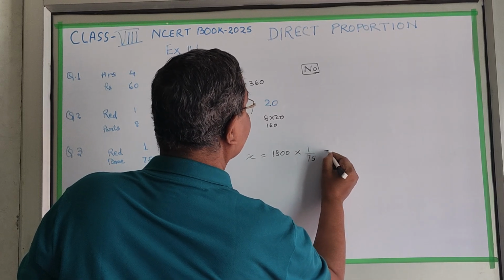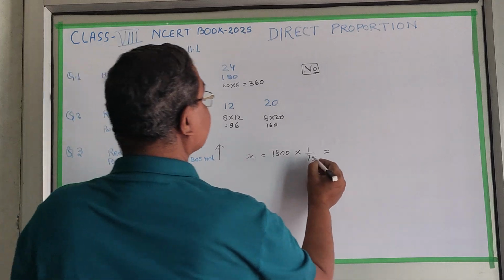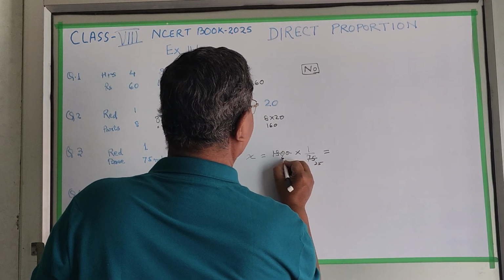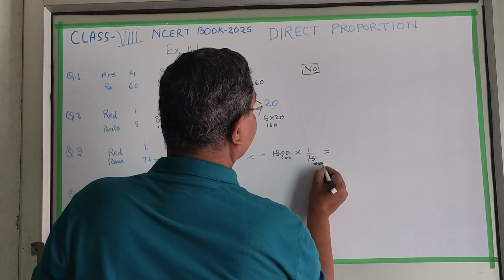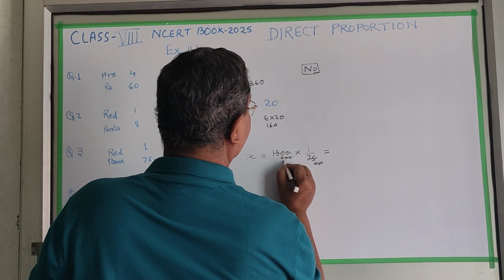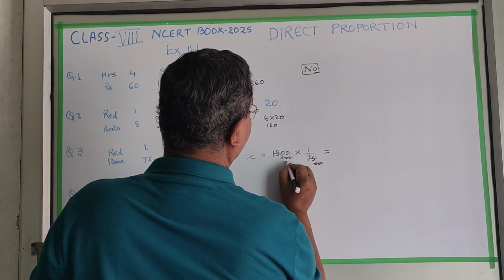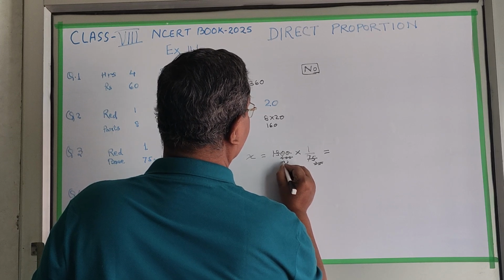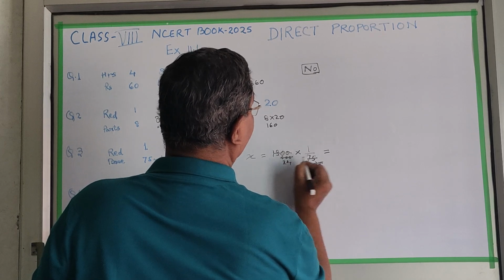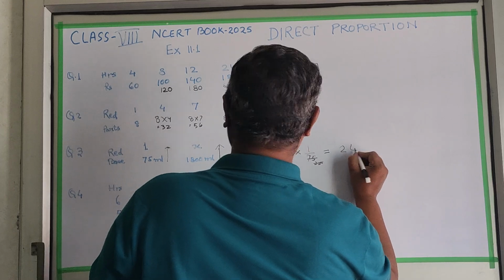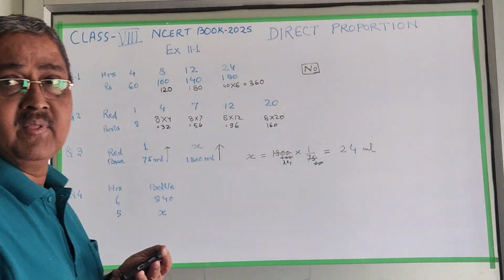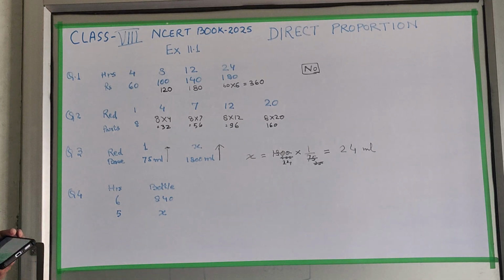So the solution is 1800 upon 75, which is 24. So 24 ml is the answer.